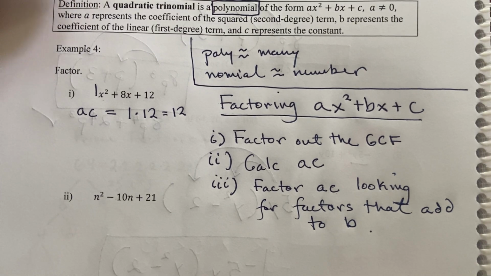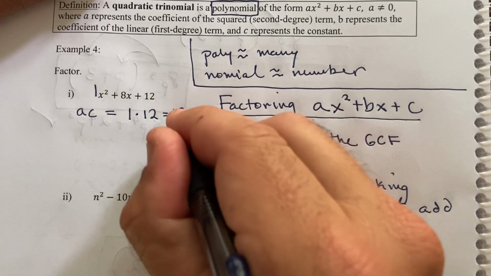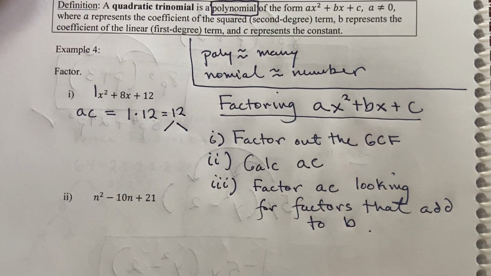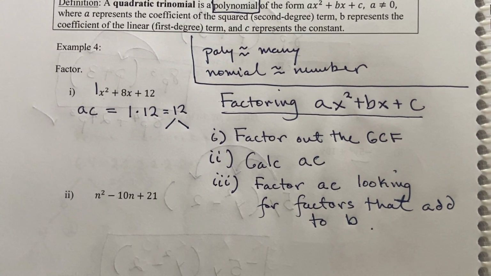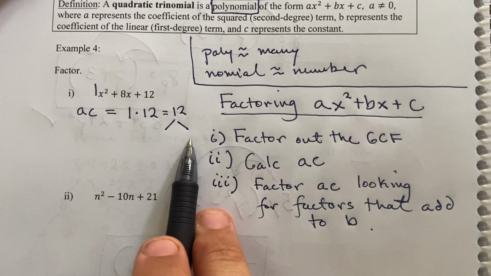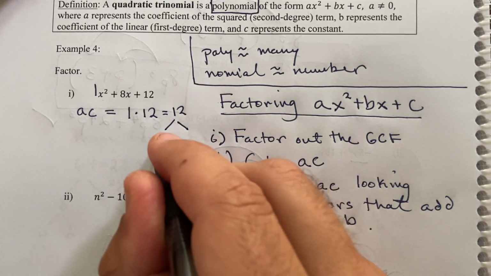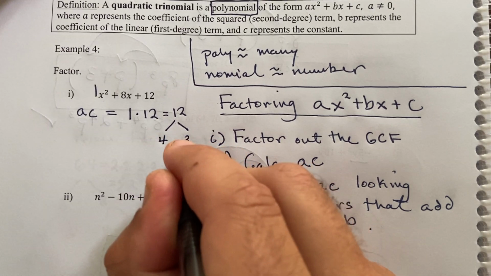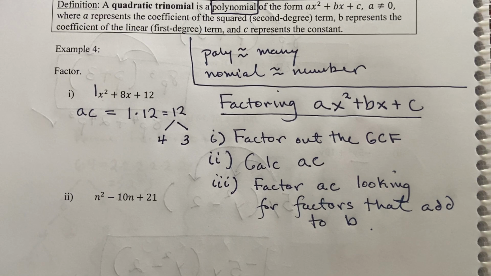So I'm going to factor 12 now. So now I'm getting into step 3 here. So I'm going to use a factor tree and just start factoring it. Don't factor all the way down to the primes, but what you're doing is you're looking for factors that add up to this number. Okay? So you might try like, okay, let's try 4 times 3. That indeed does give us a 12.